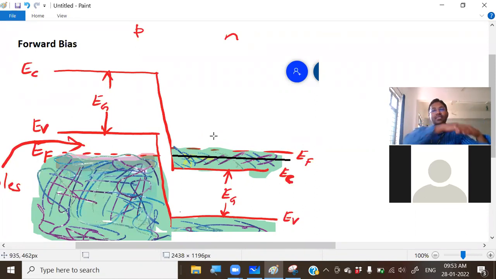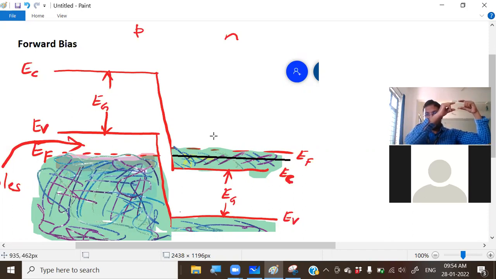So the charge carriers, the electrons, will flow from N to P. Say this is my EV on the P side, EF on the P side, and next, EF and EC on the N side. So the situation is now like this.